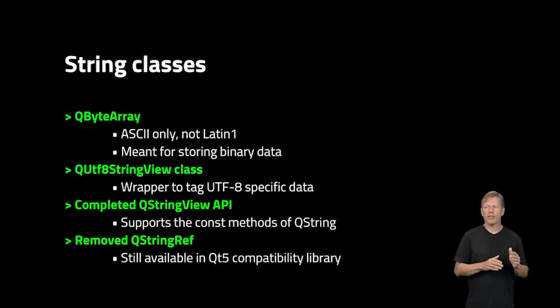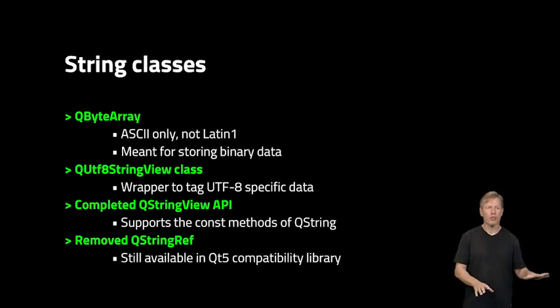The string classes have undergone some cleanups, making the usage clearer and giving a more consistent set now. So we have a QByteArray that's nowadays in Qt6 ASCII only, not Latin-1, because Latin-1 would conflict with our UTF-8 handling as a different encoding.